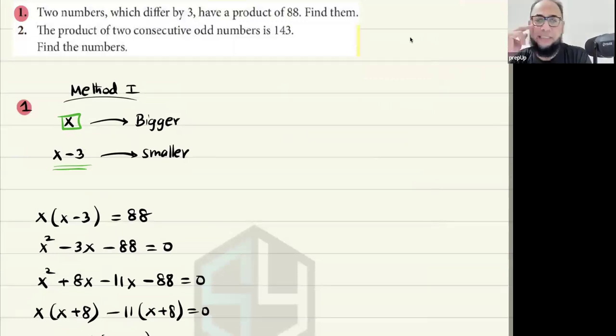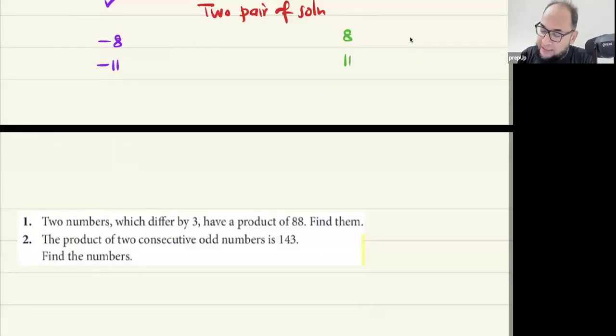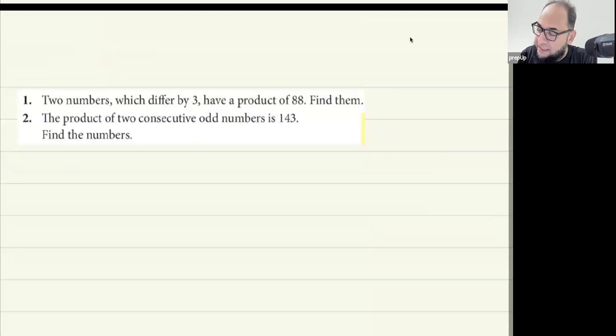Now somebody could raise this objection: is it necessary that I choose x to be the bigger one? The answer is no, it's not necessary. So that is where the second method comes in. Again, question number 1, method 2 or approach 2.